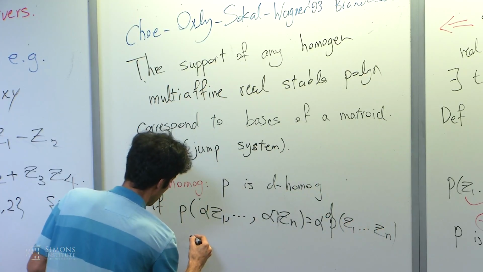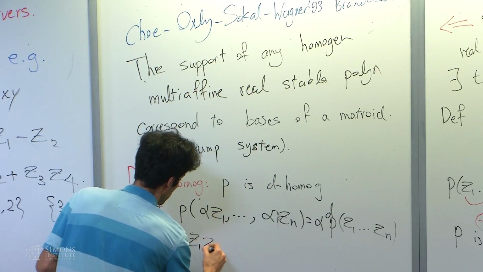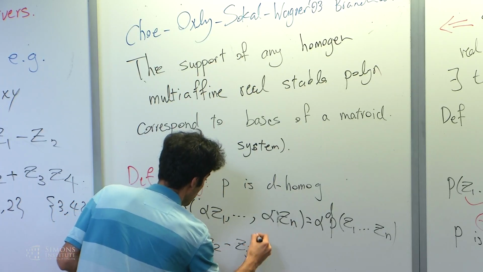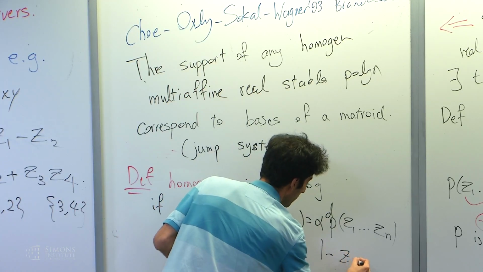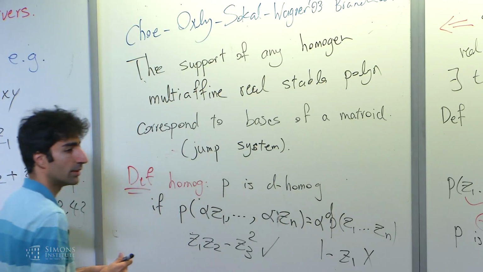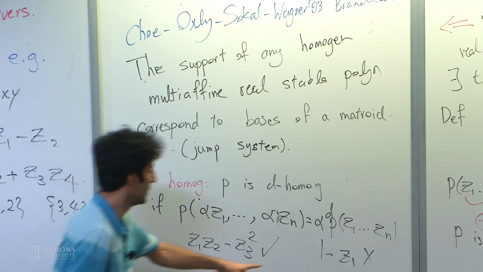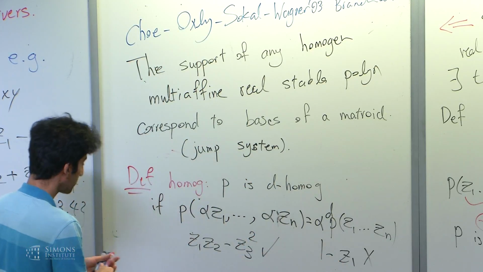So, for example, Z1 Z2 minus Z3 squared is 2-homogeneous, but 1 minus Z1 is not homogeneous. Here, this has degree 0, this has degree 1.